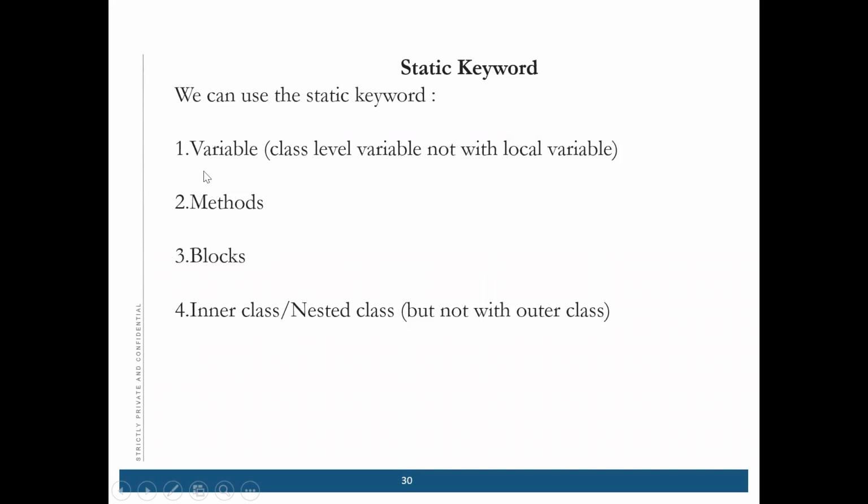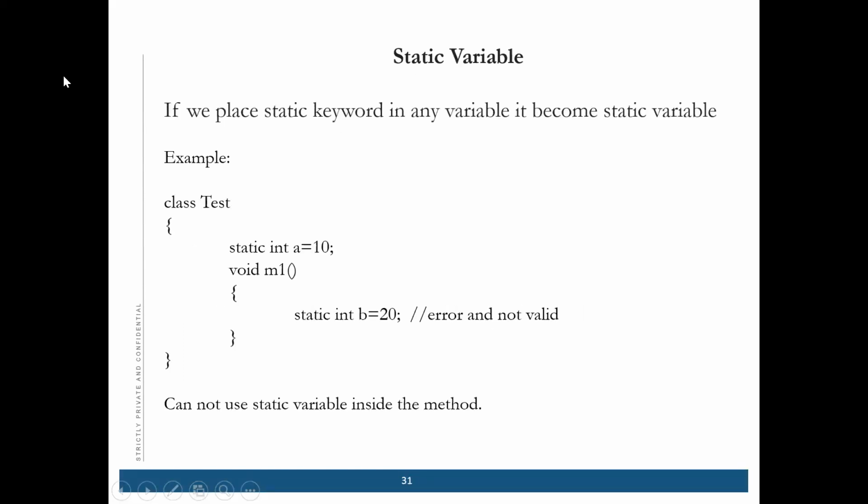But right now, you can use the static keyword in four ways: in the variable, method, blocks, and inner classes or nested classes. Now there's one simple example. If we place the static keyword on any variable, it becomes a static variable.